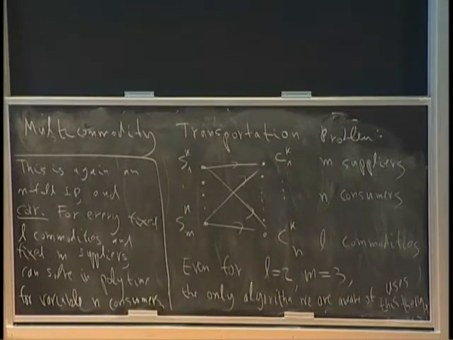So this leads me to, let's leave the modeling for a second. Let me talk about a new graph invariant, which is very interesting and has to do with this.